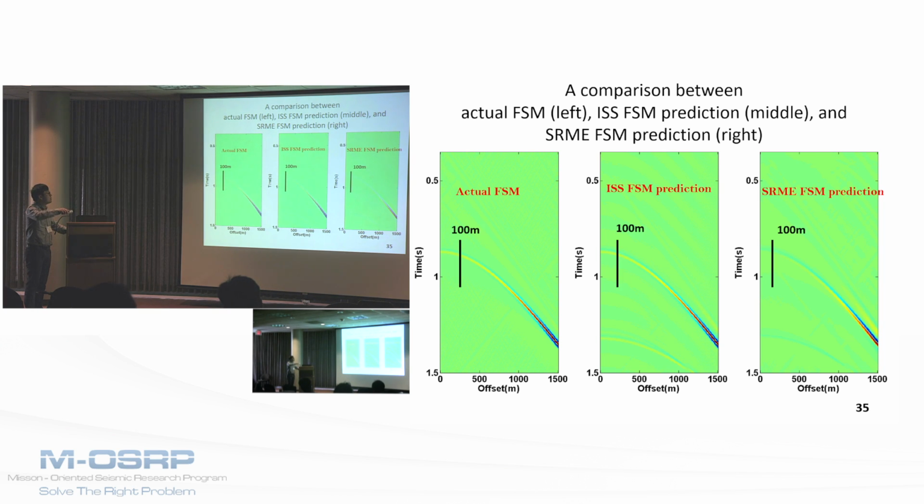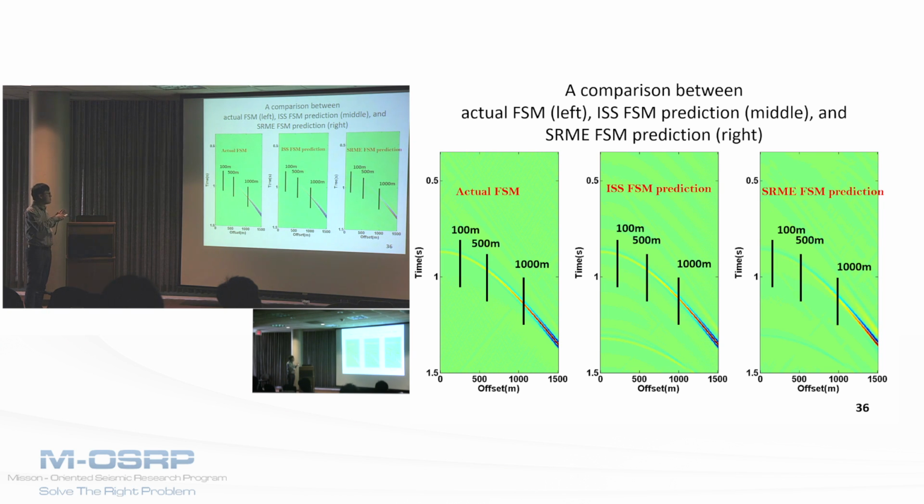Let's say we extract 3 traces at 100 meters offset and compare them together, and extract the other traces at 500 meters, compare them together, and at offset 1,000 meters and compare them together. And in the next slide, I will show the comparison.